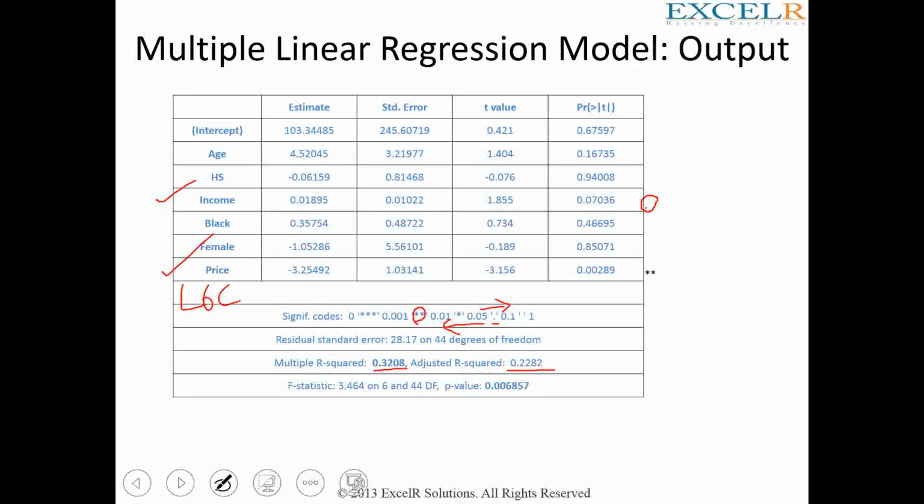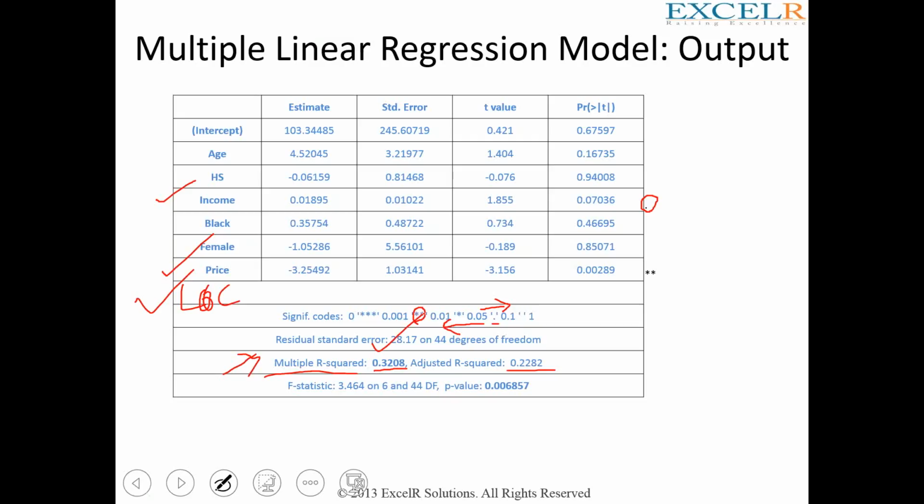If I add this variable, its inclusion might increase the multiple R squared value. So the addition of new input variables might increase my multiple R squared value, or removal of input variables.